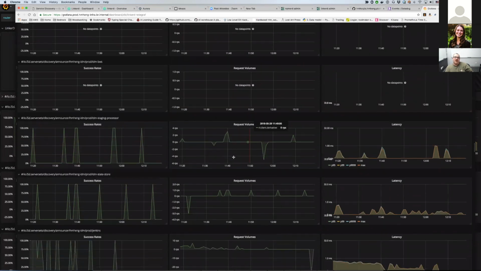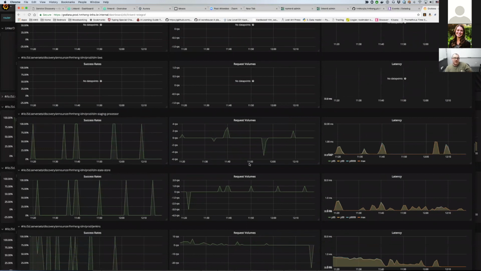There was a bug in Namerd, which is what provides the logic for the routing in Linkerd. It negotiates the request with Zookeeper. There was a bug that we ran into some months back that after several days, it would just lock up and stop resolving requests.